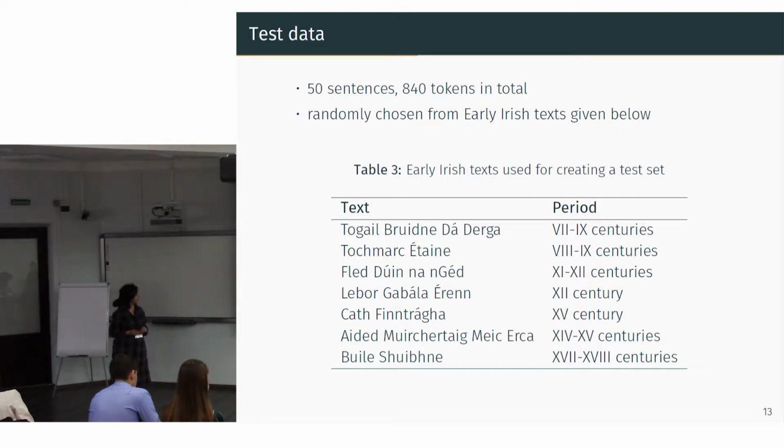To test it, I manually annotated 50 sentences, 740 tokens in total, and I randomly chose them from Early Irish texts.